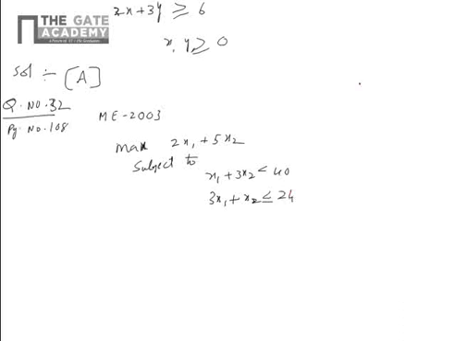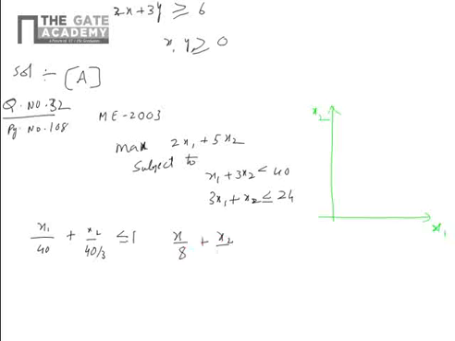So draw the graph, x1 x2. Before plotting that, convert these equations into intercept form. x1 by 40 plus x2 by 40 by 3 is less than or equal to 1. Similarly, x1 by 8 plus x2 by 24 less than or equal to 1.